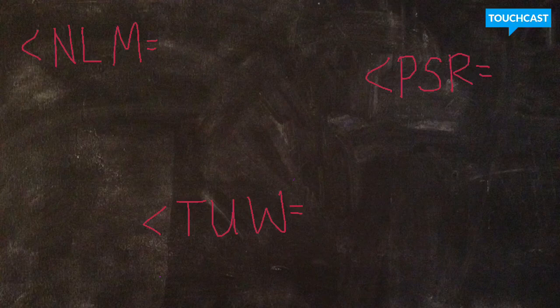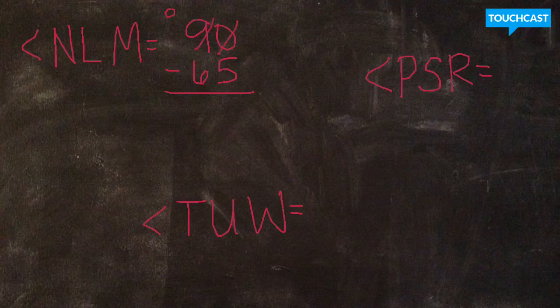So you had to take what you already knew about the larger angle, which was 90 degrees, and you had to decompose or take away the angle that you knew to figure out what you were left with. So when you did that, you found out that you were left with a 25-degree angle, which is the angle measurement for angle NLM. And this makes sense because it is an acute angle.